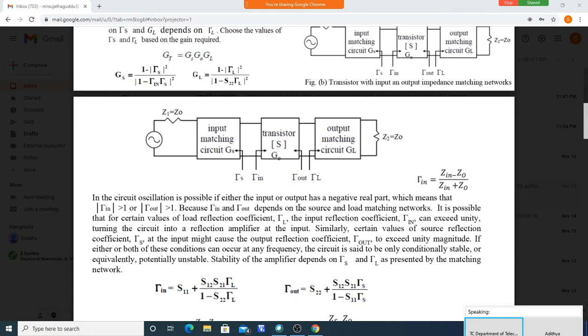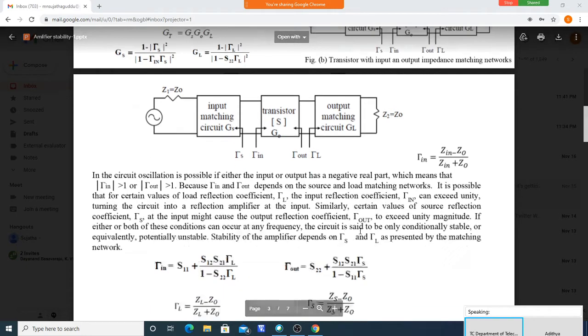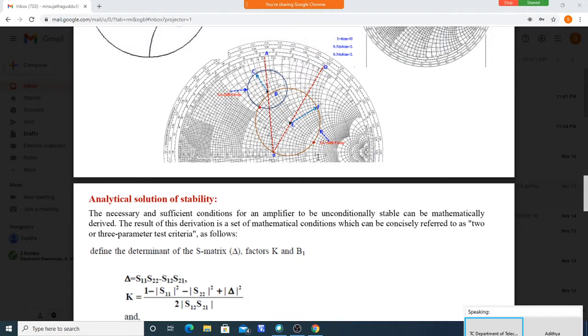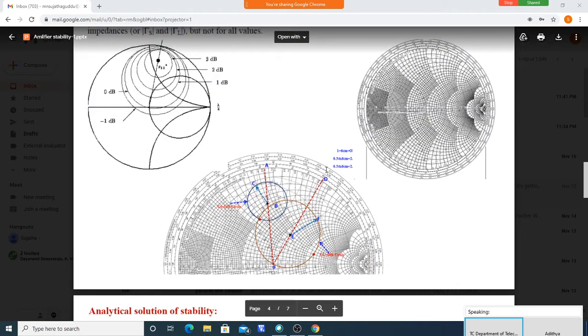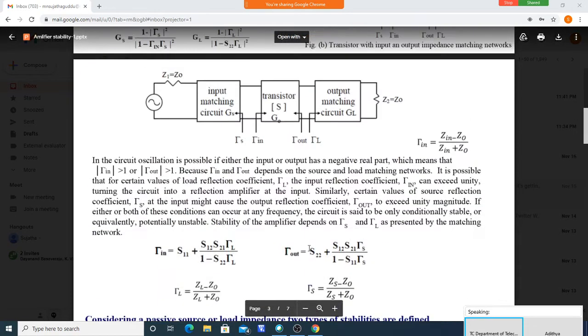Before choosing this value, zs or zl, you can choose any one value over this. Similarly, zl we can choose any one value over this. But before choosing that value, you should check the stability of the amplifier. Can we take these values or not? That check we have to make here.